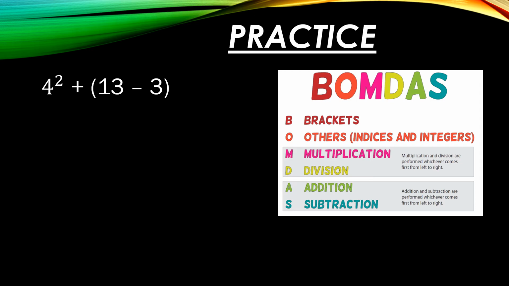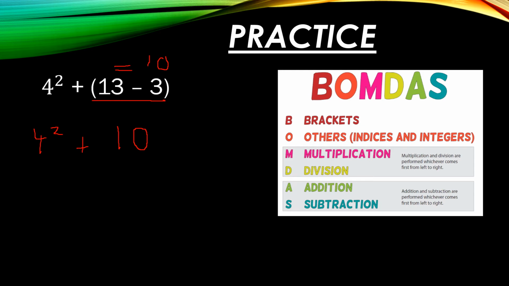So the first thing that we need to do is we need to look, and we can see that there are brackets here. So there's a bracket on both sides, which means we need to figure out what this is before we can figure out the rest of the sum. So to start with, 13 take away 3 equals 10. So we know that now. So now it will be 4 to the power of 2 plus 10.